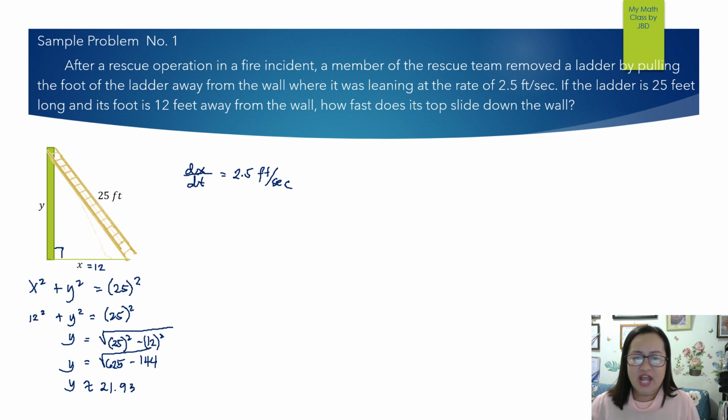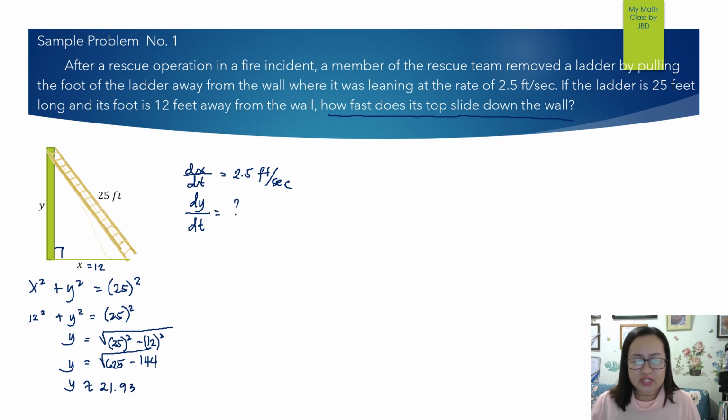Now, since we are asked how fast it slides down the wall, this means that we need to find the change in the vertical height over the change in time.